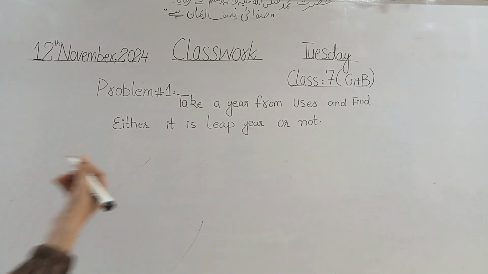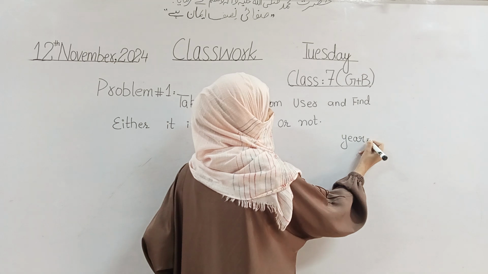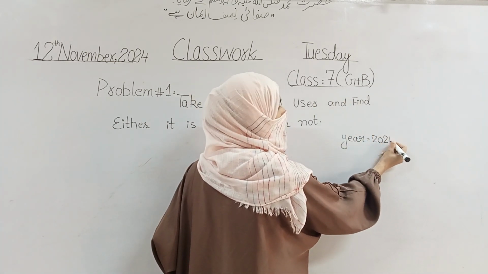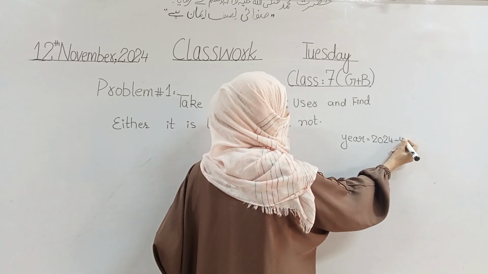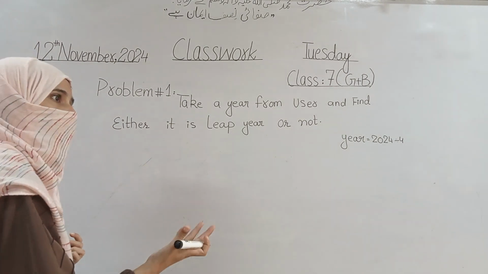For example, we have a year 2024. We divide it by 4. A leap year is a year that comes after 4 years, and it has 366 days.